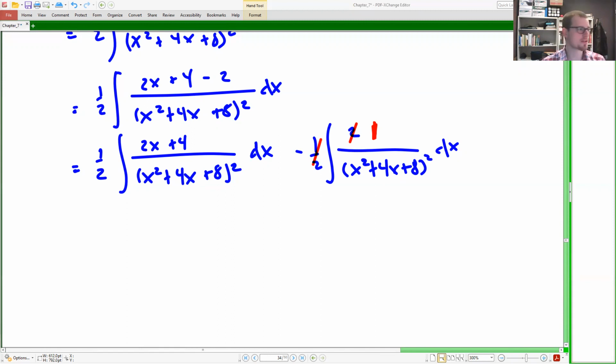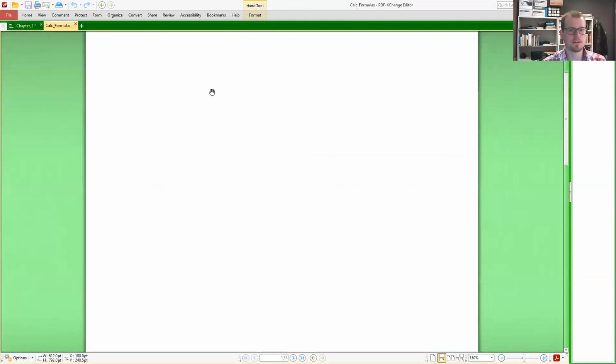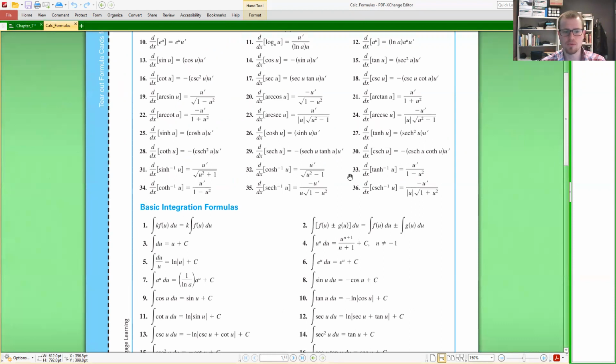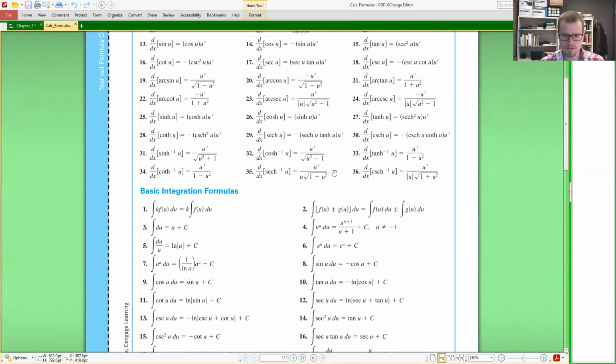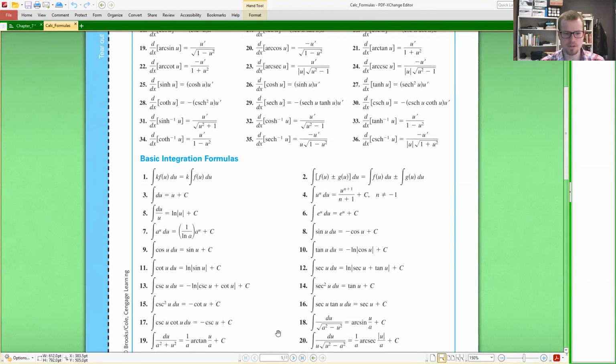Depending on which formula sheet you have, you might notice that, let's see here, if I can grab this for us a moment, we've got a nice formula for the integral of 1 over a squared plus u squared.